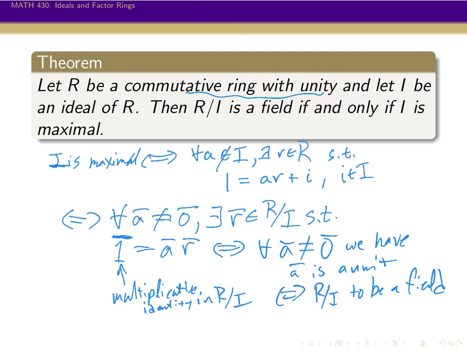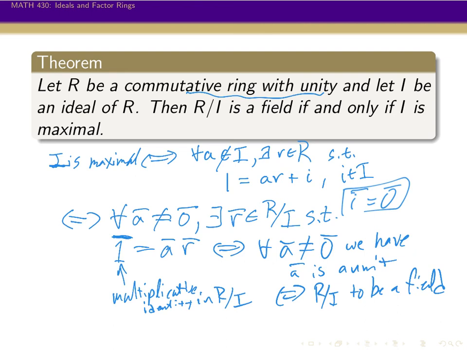And so the i goes away because, since i is in I, its bar is equal to 0 bar. And then for all a bar not equal to 0 bar, that means that a bar is a unit. And so this is what it means for R mod I to be a field.